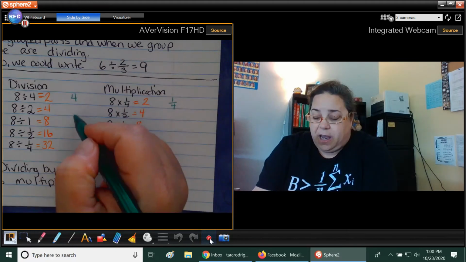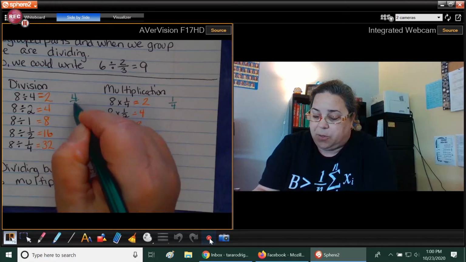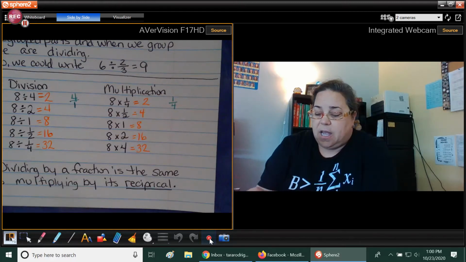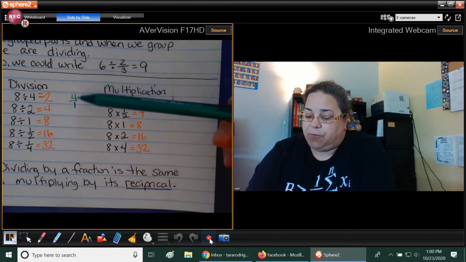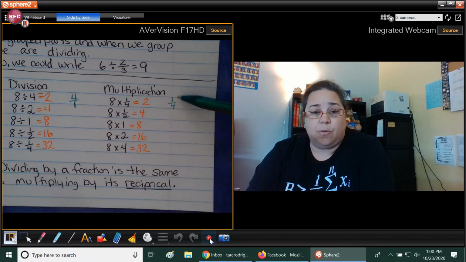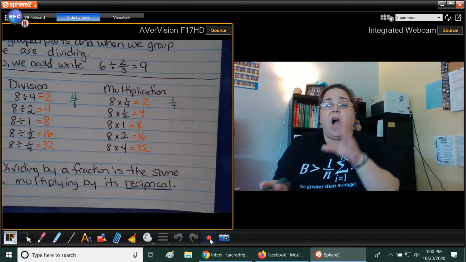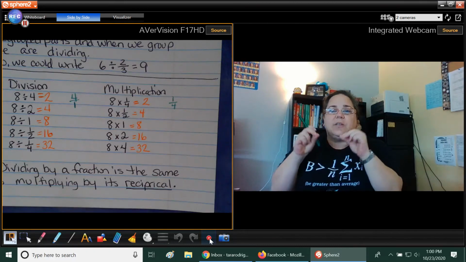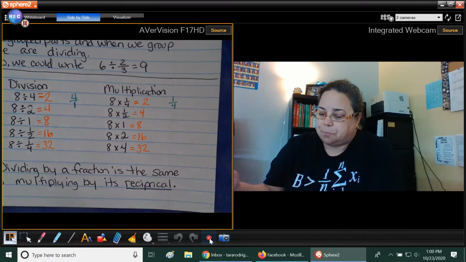But I can make the 4 a fraction by putting it over a 1. And so if you look at 4 over 1 and 1 over 4, they're opposite. They flipped upside down. That's a reciprocal, okay?